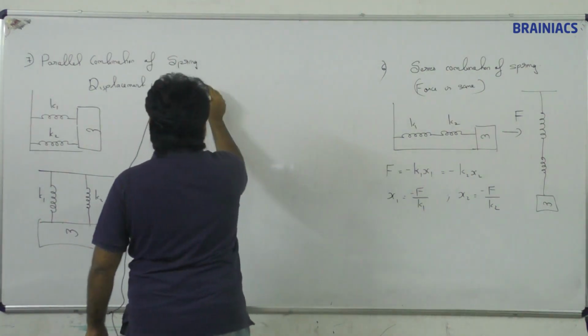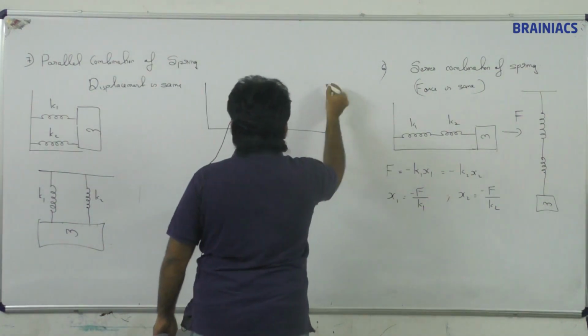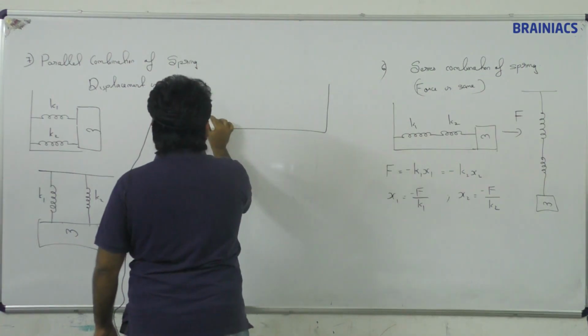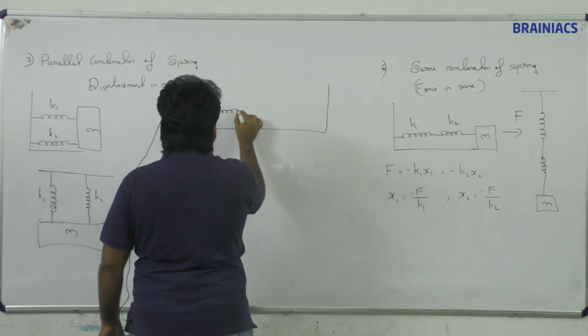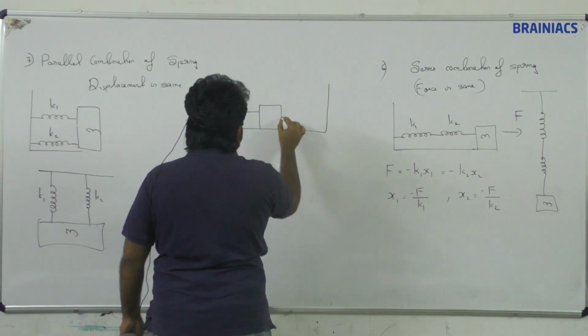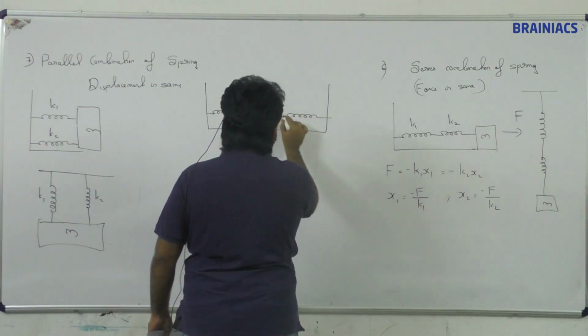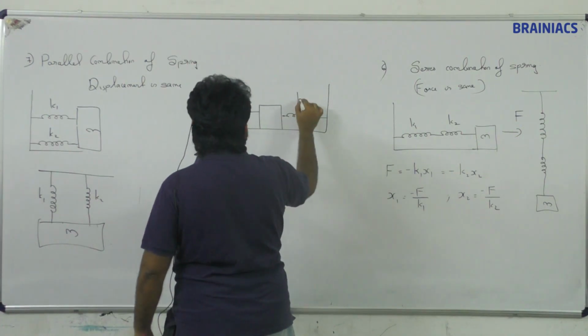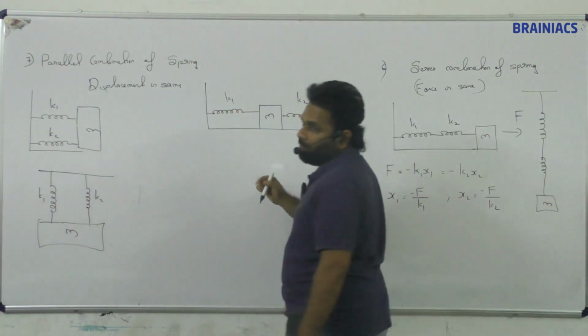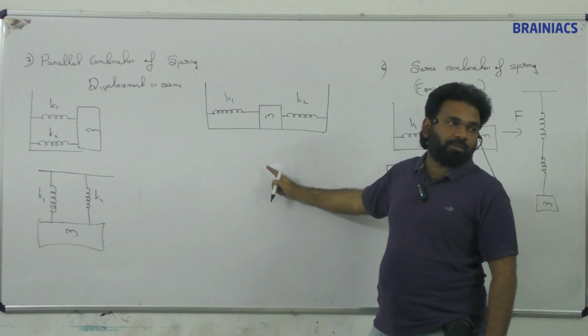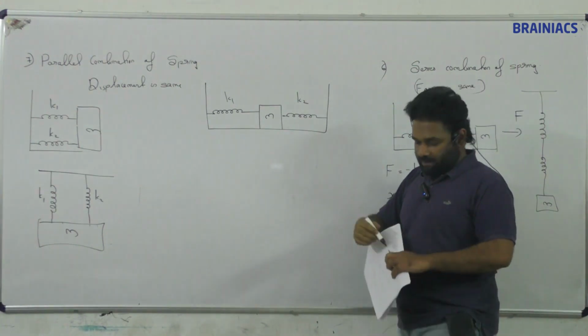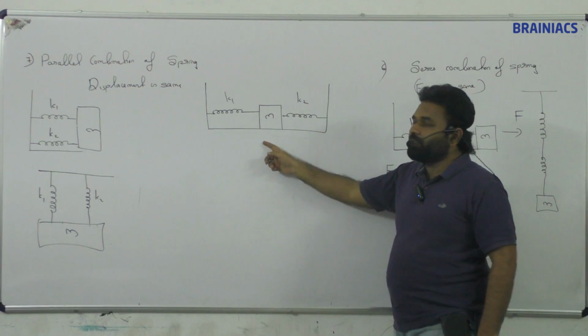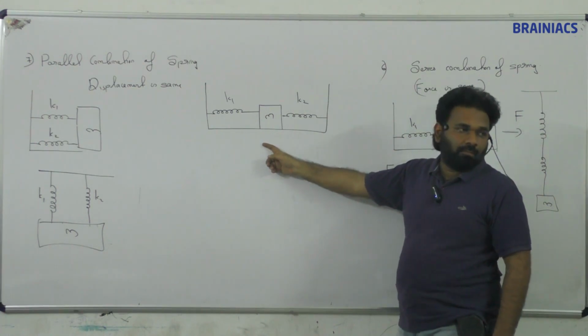Now this one. Suppose one spring and one mass is kept here, and another spring is connected like this. If this is K1, again this is K2, and this is the mass. What about this? This is also a parallel combination. Why? Because here also the displacement is going to be the same.